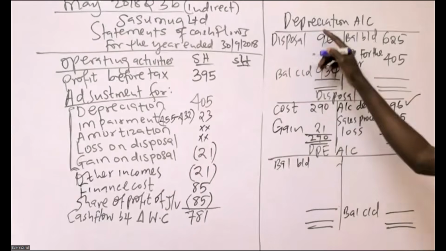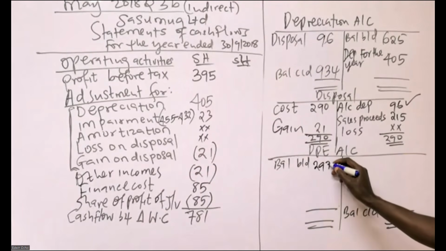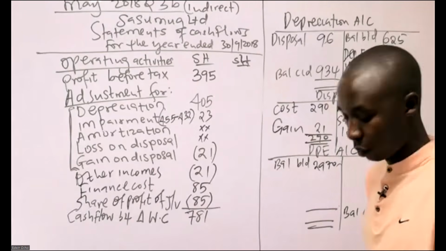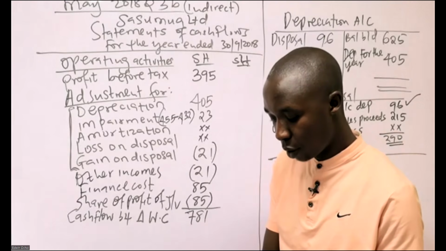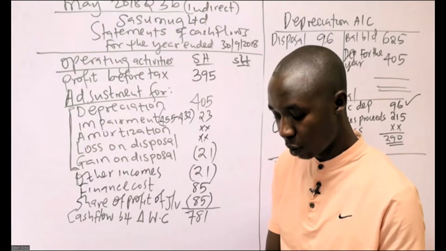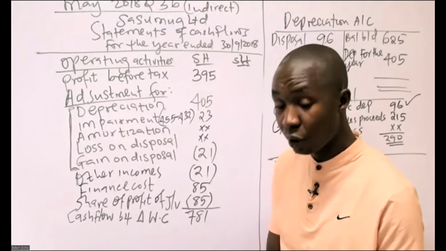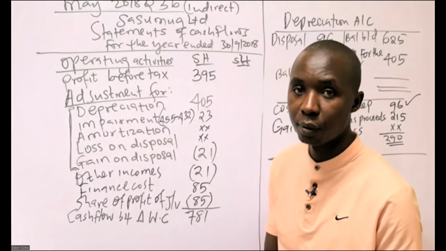So let us finish the working of PPE. The balance brought down is 2,970. The balance carried down was 3,765. So in that additional information, number 1 down there, they said during the year ended 30 September 2018, an 80% owned subsidiary revalued its property upwards by 150.